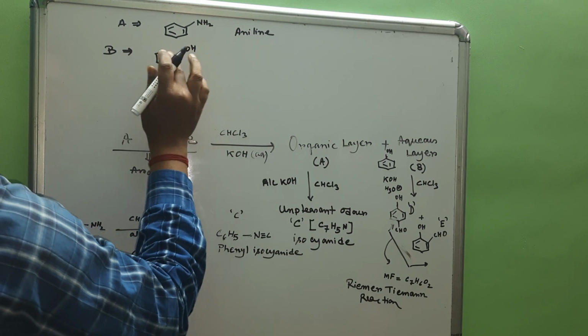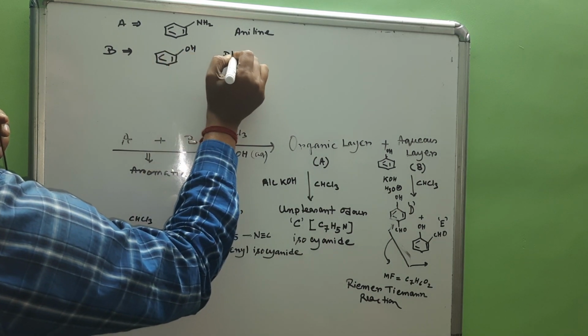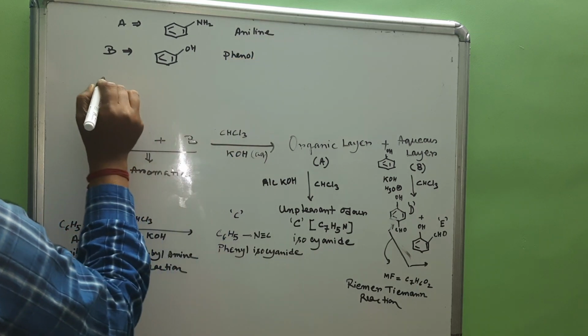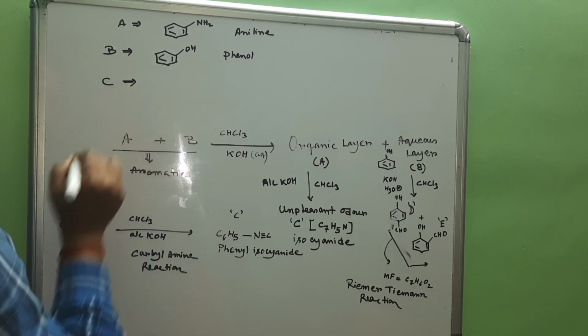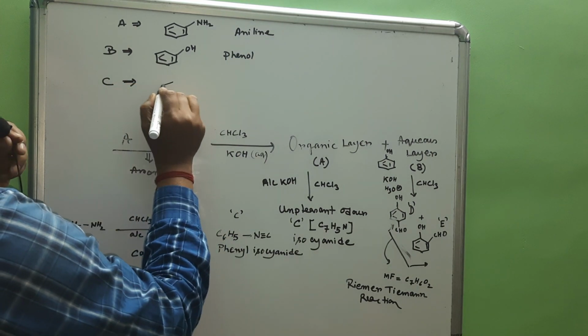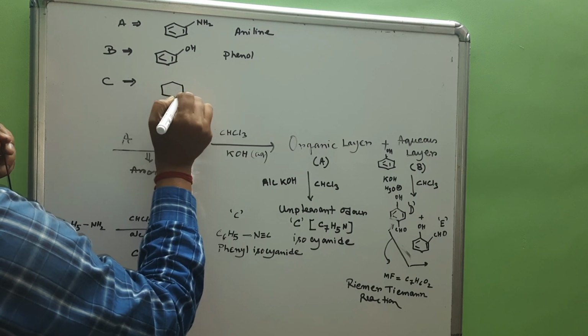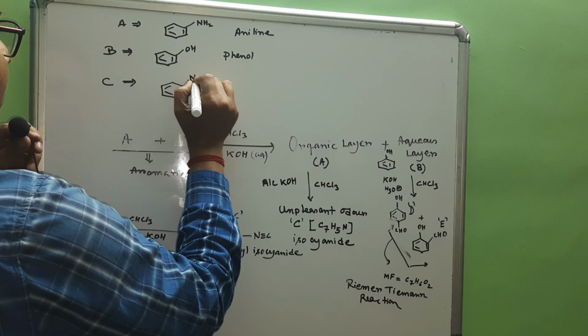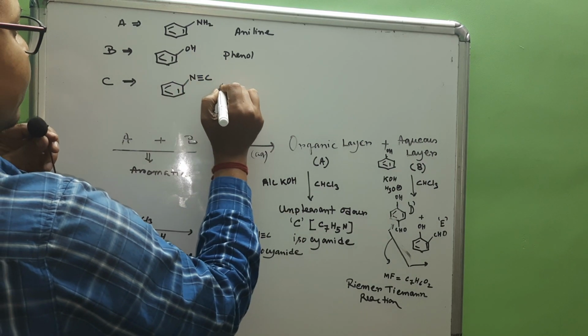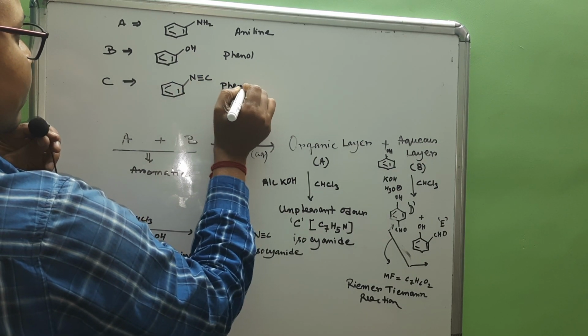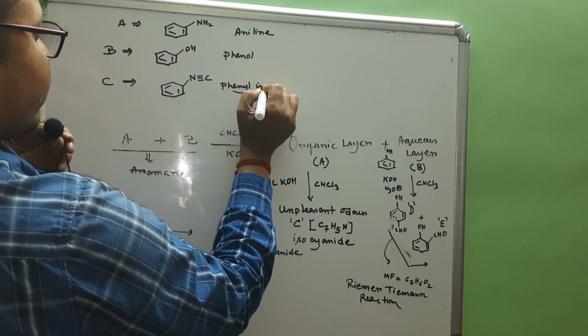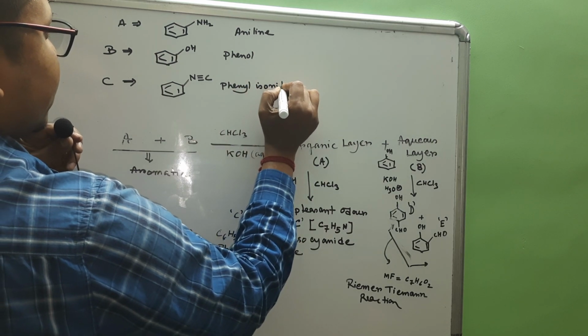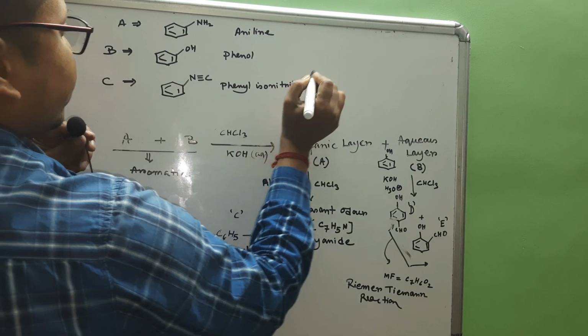B is phenol. What is C? C is phenyl isonitrile. We can also write isocyanide.